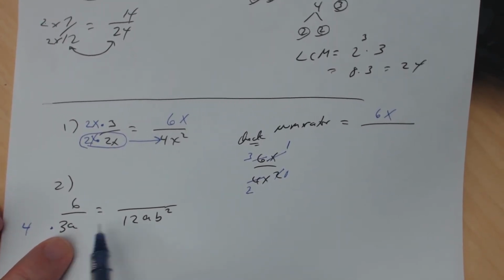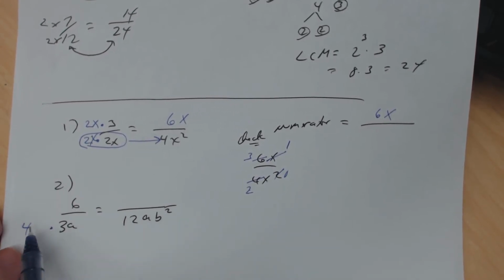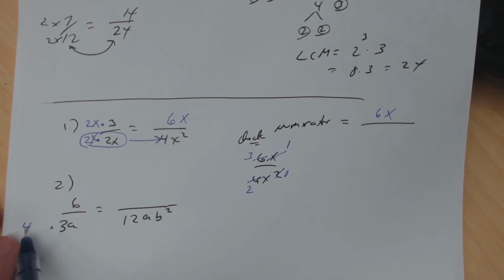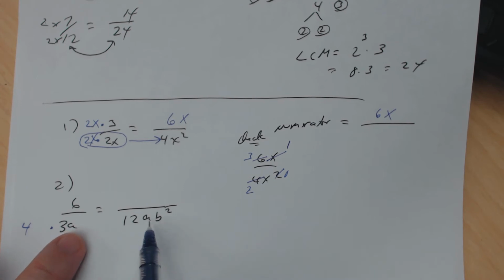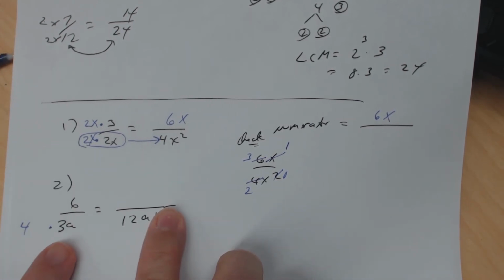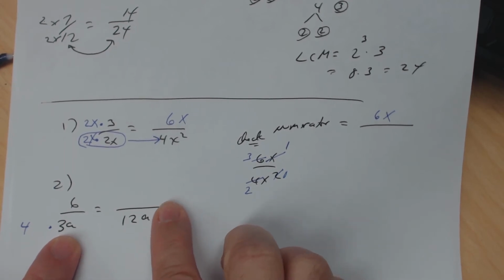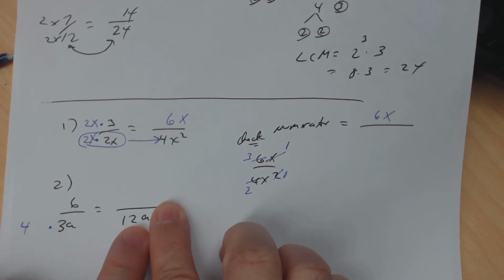See, this is an a. I already have an a, because a times 1 is a. But let's just leave the 1 off, because 4 times 1 is still 4. So I already have the a. If I cover the b squared, and you may need to do that sometimes, cover what you're not looking at so far, do you see that 3a times 4 is 12a?